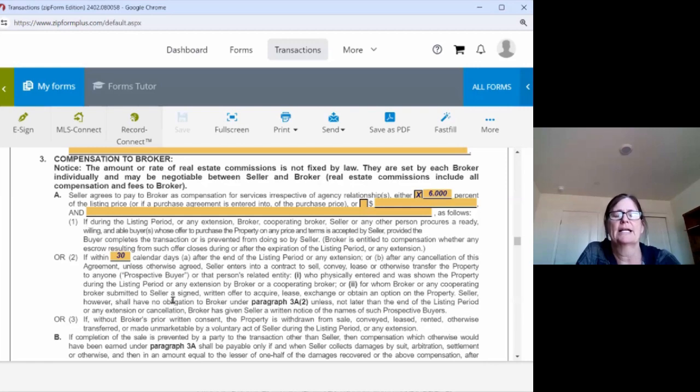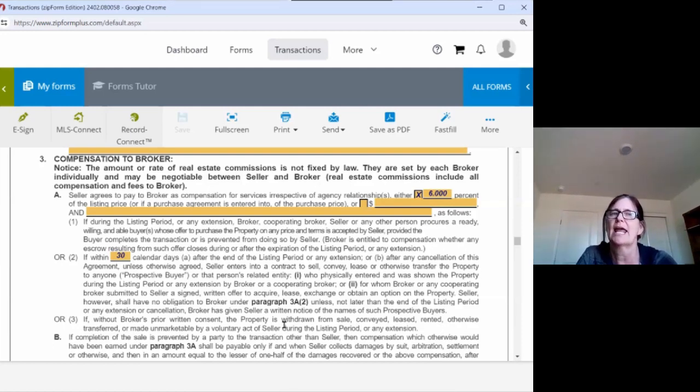It also says, and this is interesting, that 6% is due if, without the broker's prior written consent, the property is withdrawn from sale, conveyed, leased, rented, otherwise transferred, or made unmarketable by a voluntary active seller during the listing period or any extension. So basically what that says is if the seller changes their mind and has not gotten written consent from the broker, then the broker has earned their 6%.